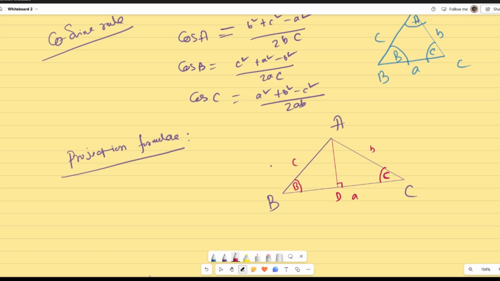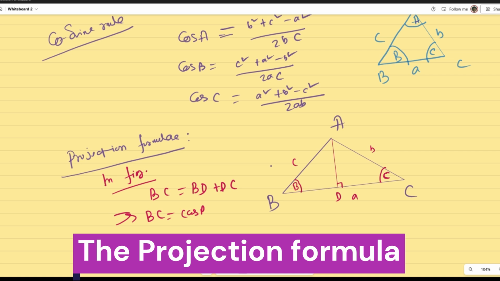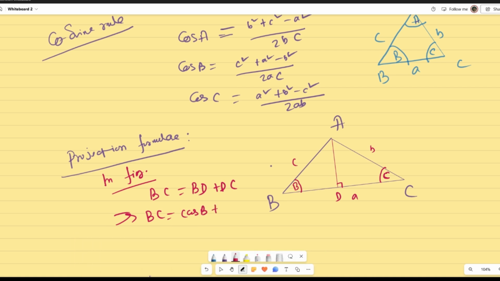This is the perpendicular. So in this diagram, BC equal to BD plus DC. BD is what? c cos B plus DC is what? Therefore, a equal to b cos C plus c cos B. Okay? This is the projection formula.